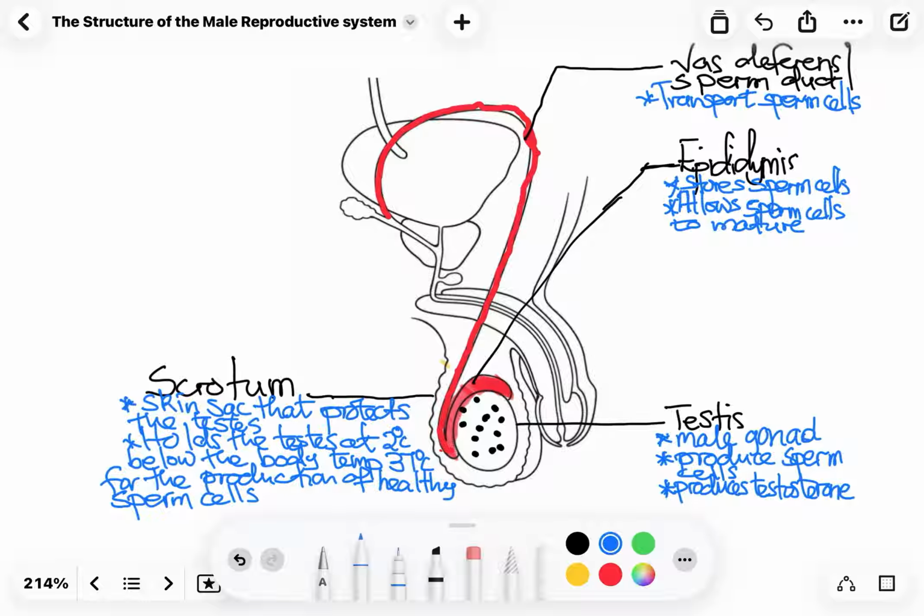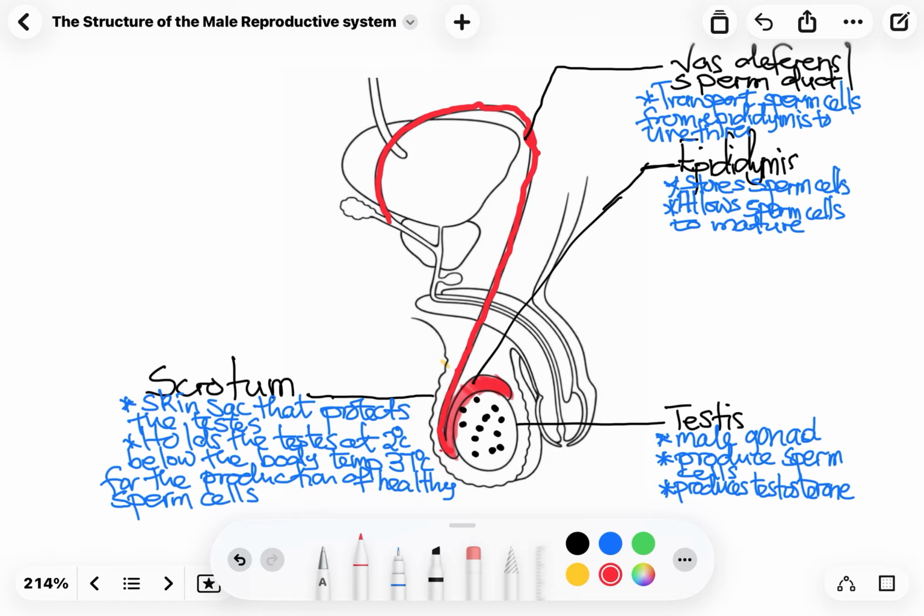So we can say it transports sperm or sperm cells from the epididymis to the urethra. So our sperm cells are moving towards the urethra. Let's track the movement of our sperm cells.